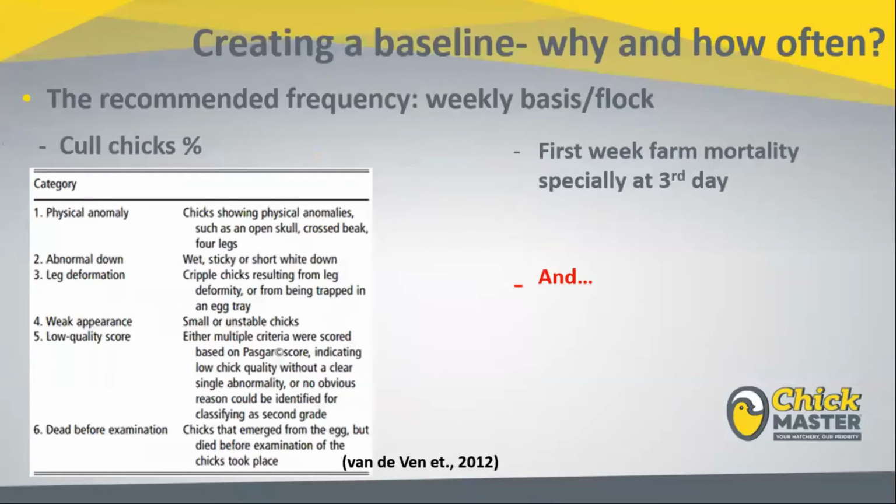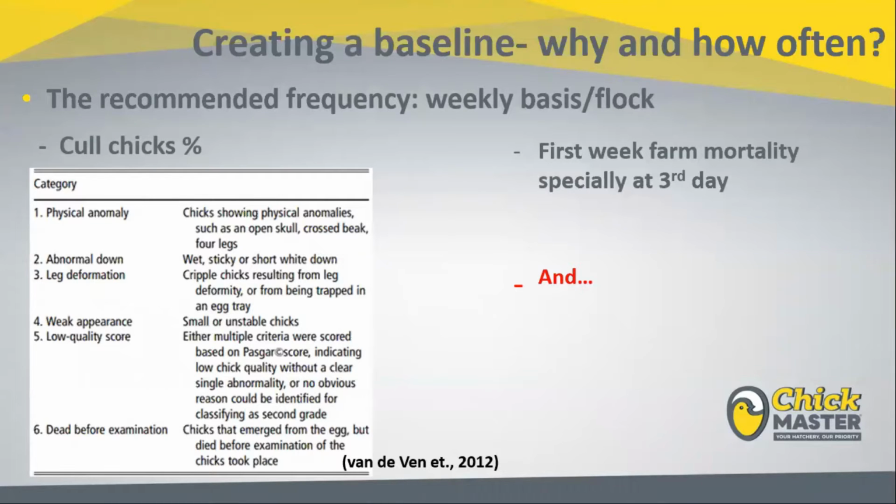The most common parameters that are measured concerning the chick quality are the percentage of cull chicks or non-commercial chicks, which include chicks with physical abnormalities or some deformations or weak appearance, or chicks with a low score, or chicks that were dead in boxes.